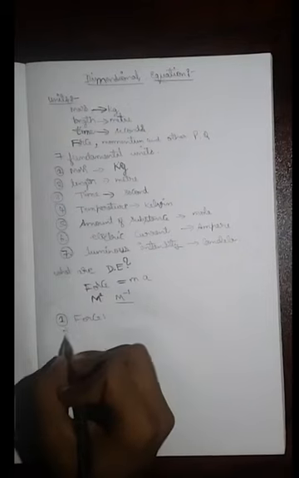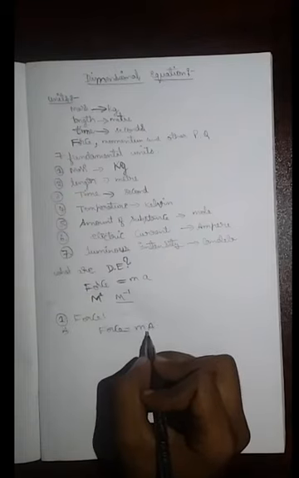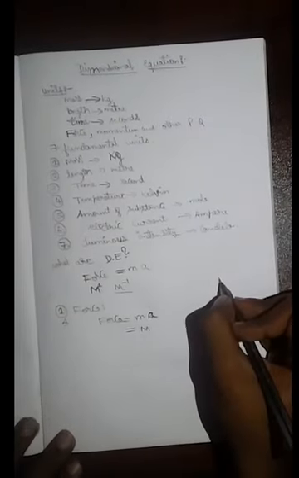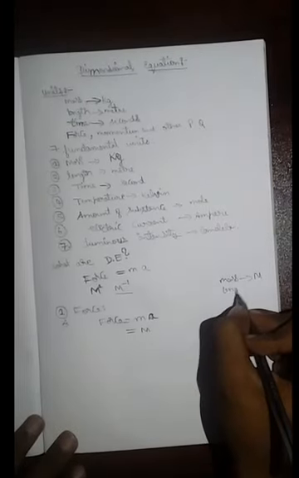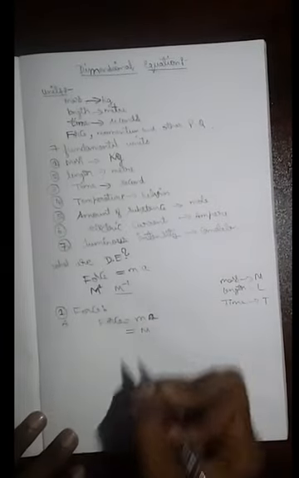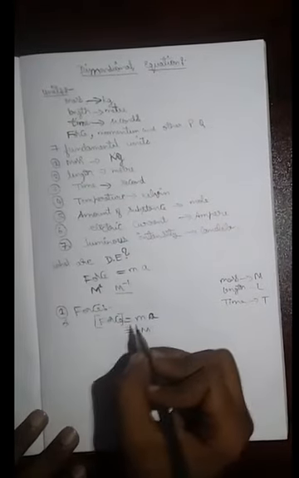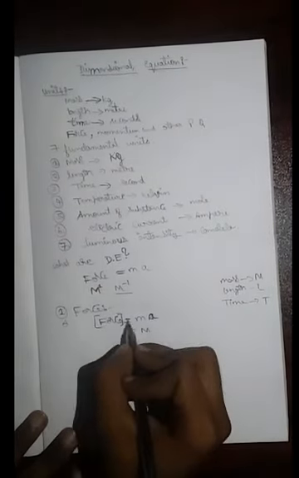So let's take force first. We know force is equal to ma. So what is mass? Mass is taken as symbol M, length is taken as L, and time is taken as T. We should also mention a rule: to signify the dimensional equation, we put square brackets around the physical quantity.